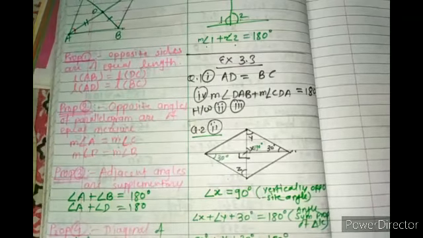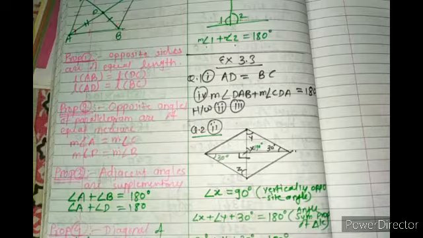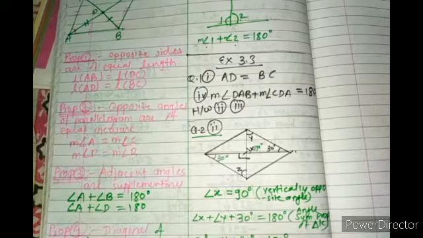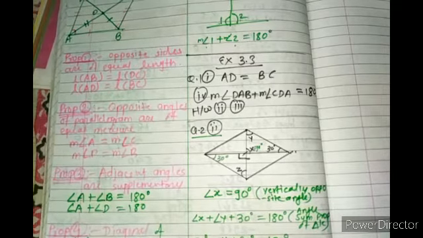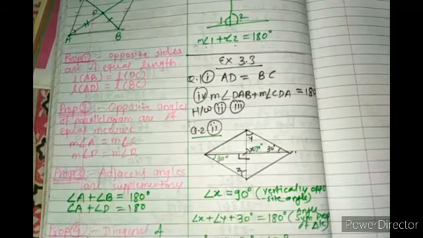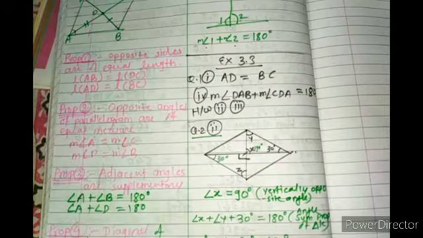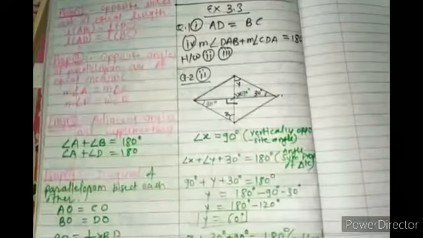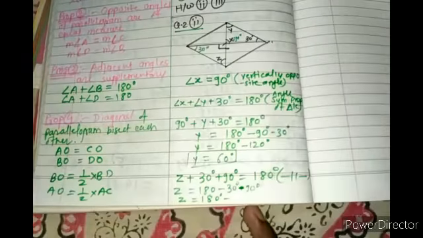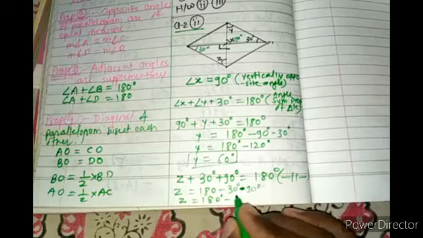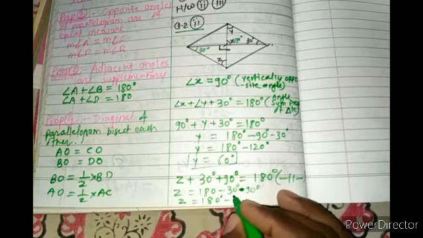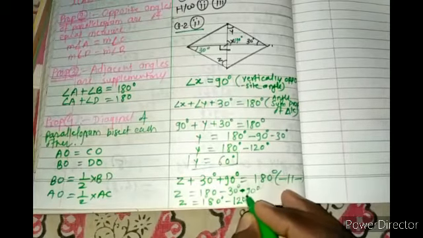I am not mentioning, but you have to mention there. Z is equal to 180 minus 30 minus 90 degree. What is the answer? 180 degree minus 30 plus 90. 30 plus 90 degree, so what is 120 degree.